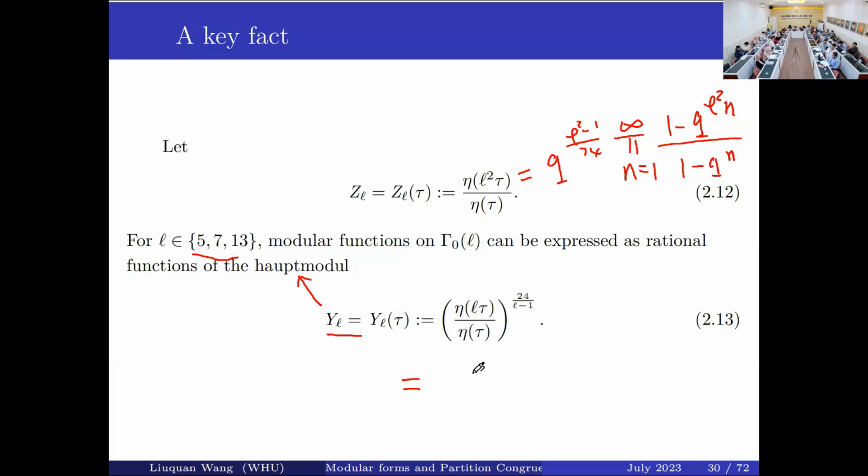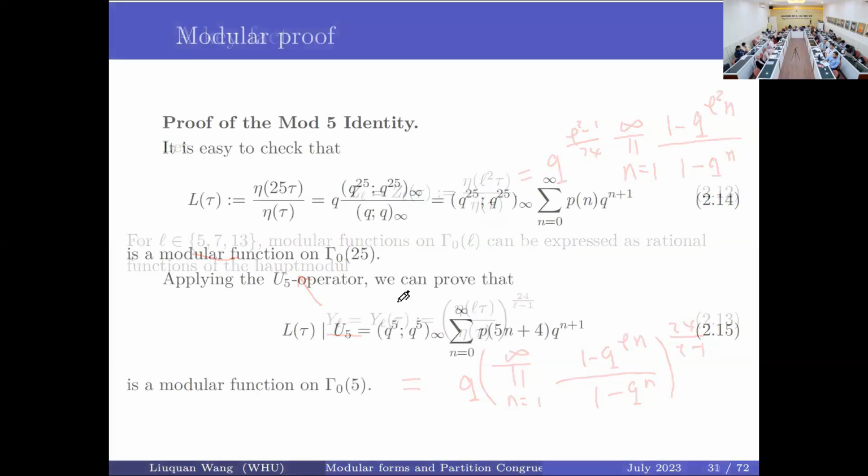In other words, if you are not familiar with the eta function, it is defined as a product of 1 minus q to the L n minus 1 over 1 minus q to the nth power, with some extra power of q. So this is the function y_L, and the fact says that any modular function on Gamma_0(L) can be expressed as a rational function of y_L. Okay, that's enough for our proof.